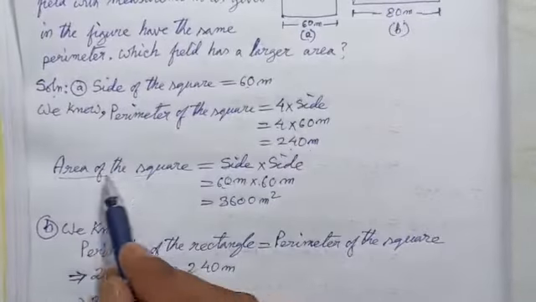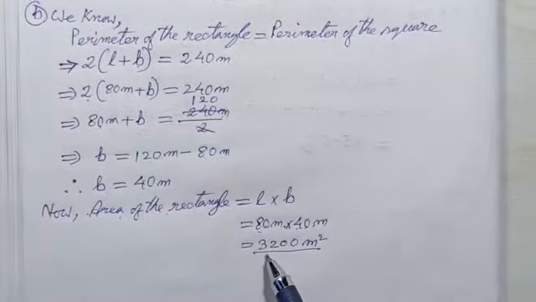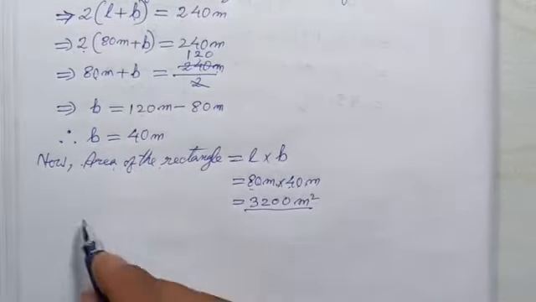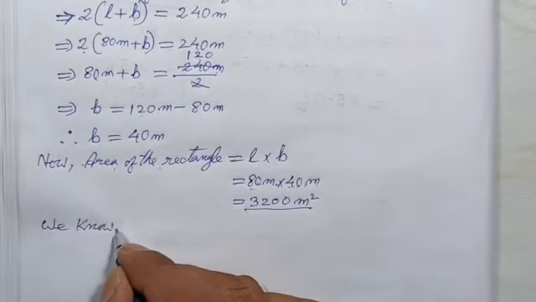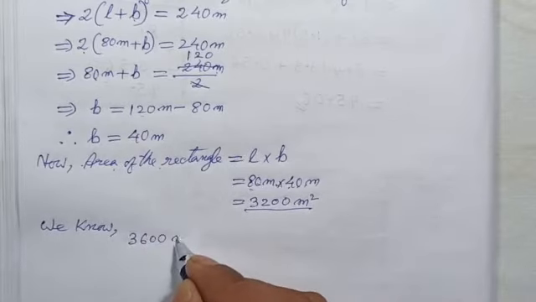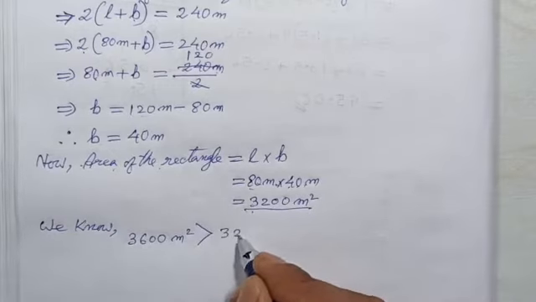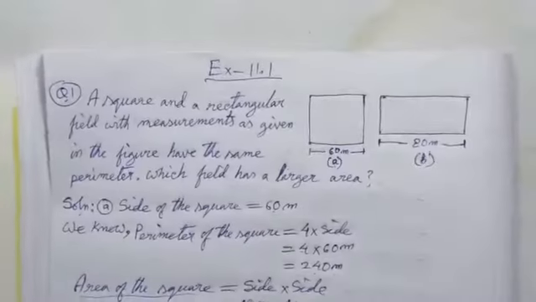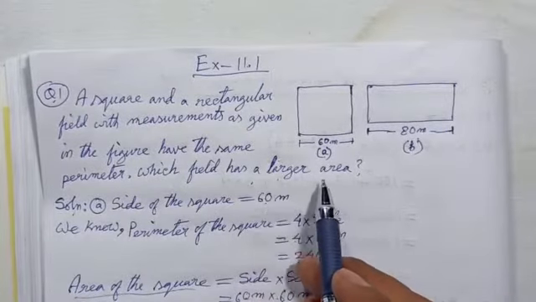And the area of the square is this. We know that 3600 is bigger than 3200, so 3600 meter square is greater than 3200 meter square. In the question, this is what we have to find out: which field has a larger area?